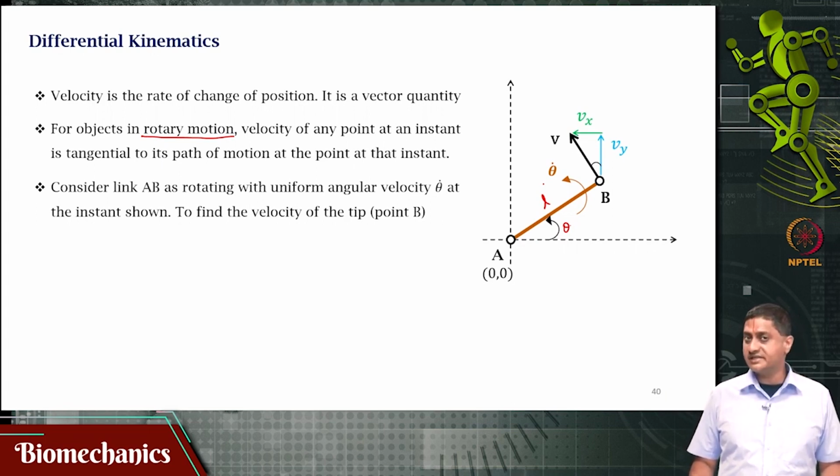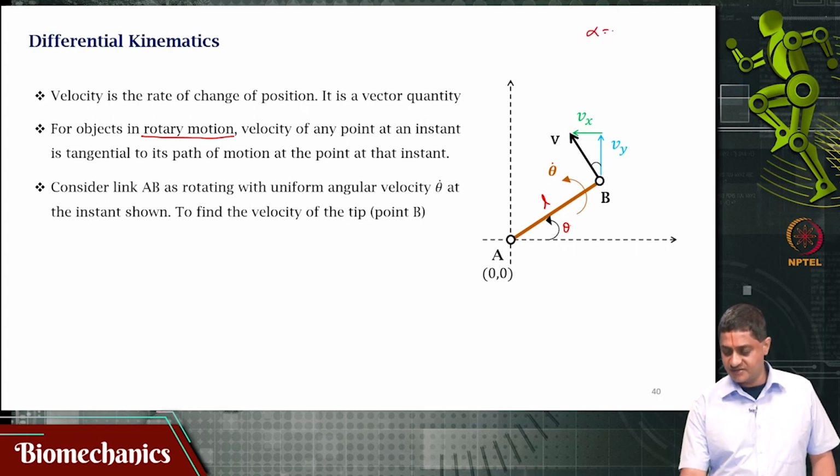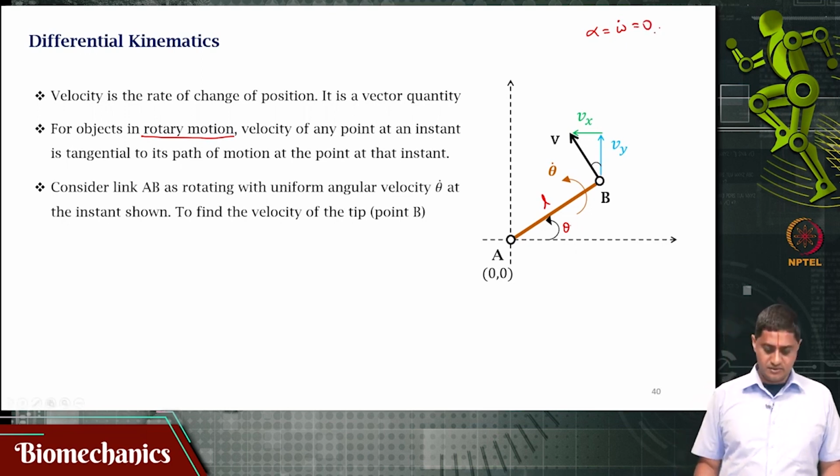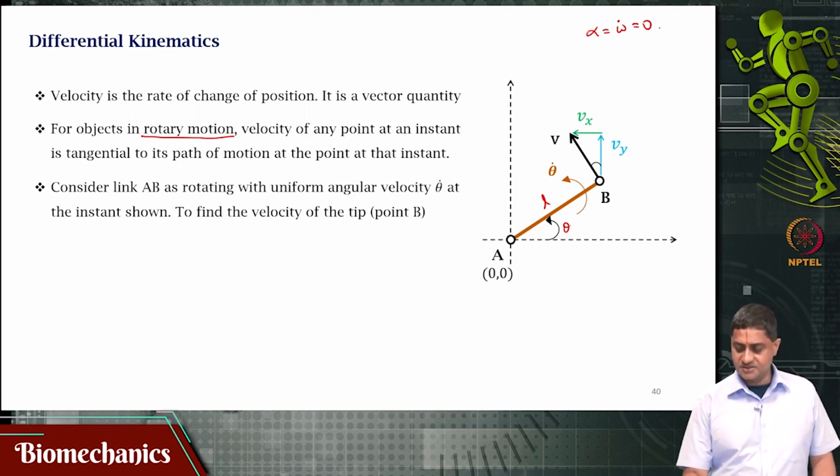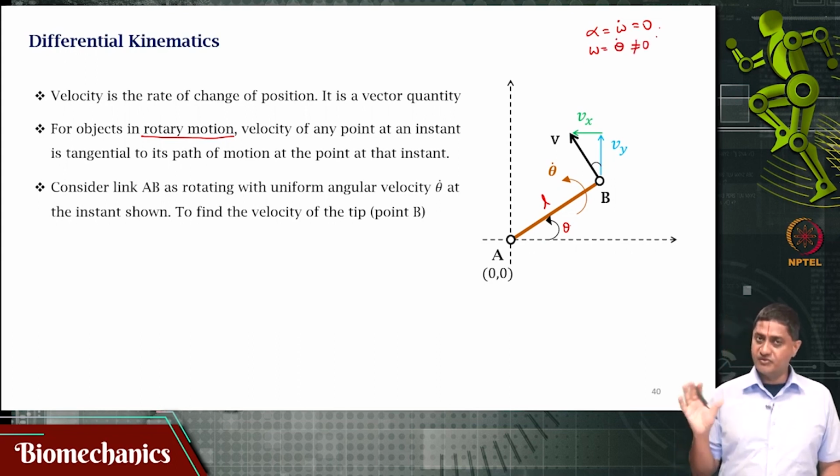So, angular velocity does not change. In other words, alpha is 0, alpha is omega dot, and that is 0. It is having uniform angular velocity theta dot or omega, which is not 0, with some uniform angular velocity at this instant.